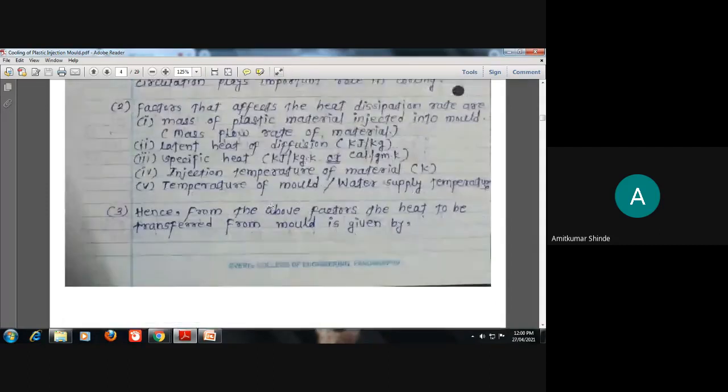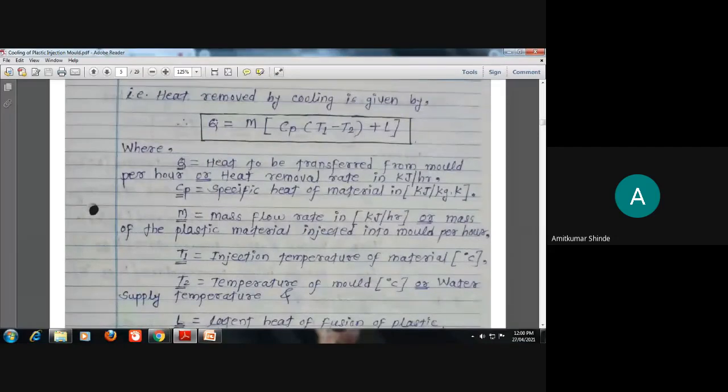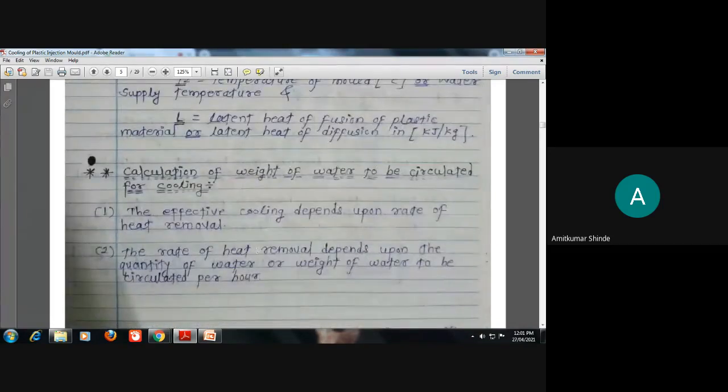This is nothing but this formula Q, and this rate of heat removed depends on these factors: mass flow rate, specific heat of the material, temperature of the material injected, temperature of the mold or water supply temperature, and latent heat of fusion.